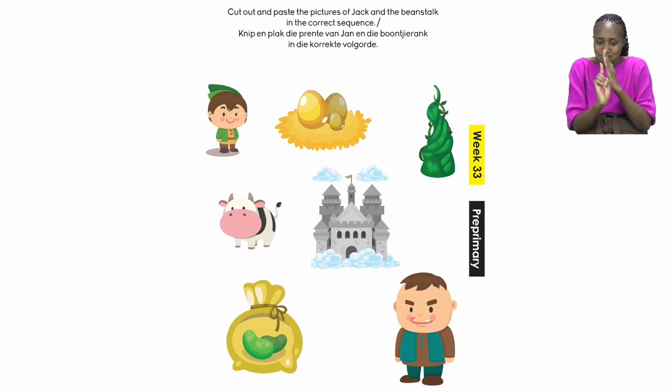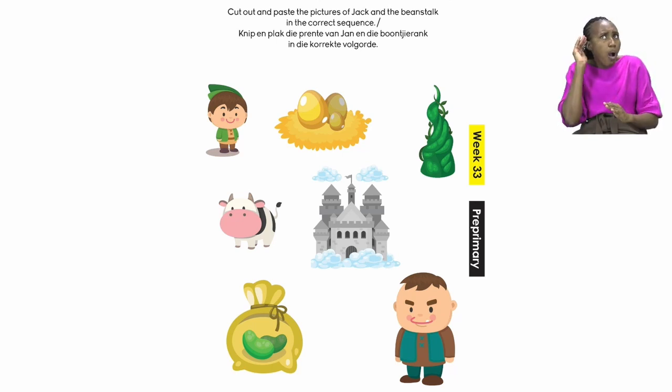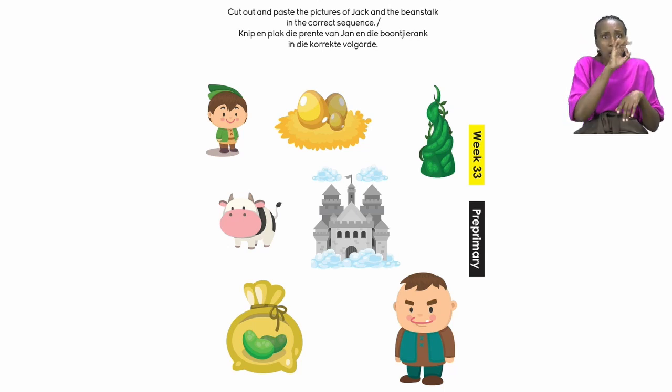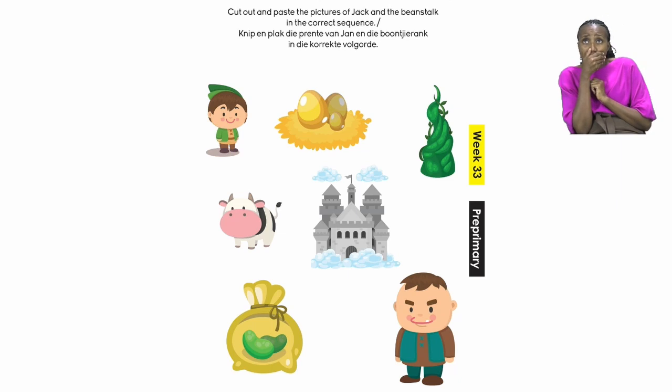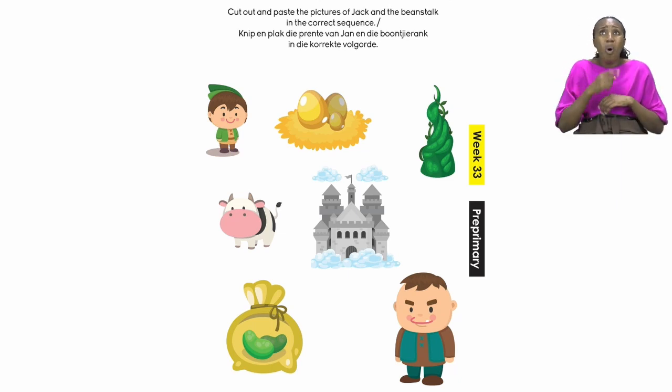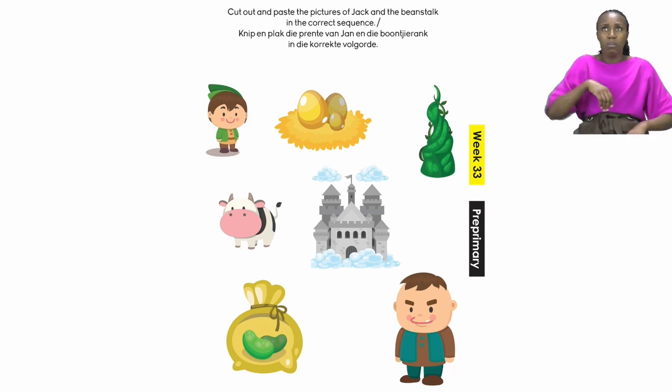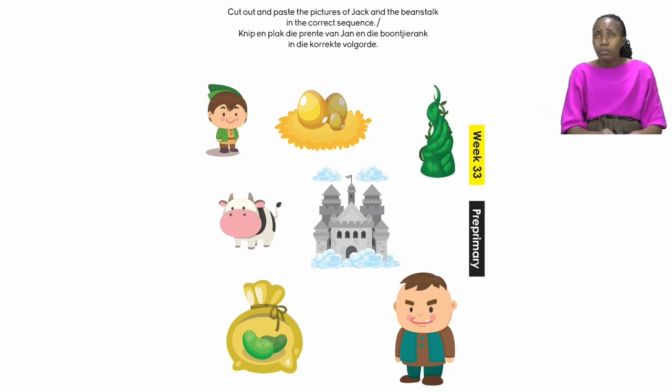Jack heard a voice saying, "Fee, fi, fo, fum." Jack ran into the cupboard. An enormous giant came into the room and sat down. On the table, there was a hen and a golden harp.